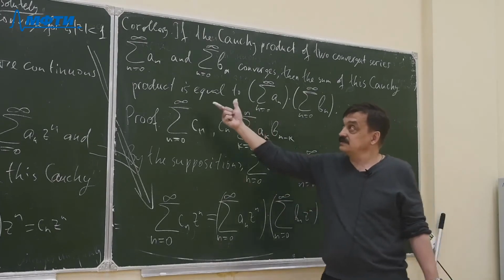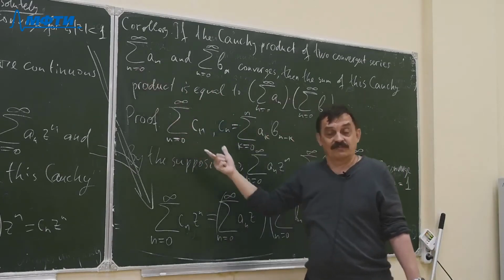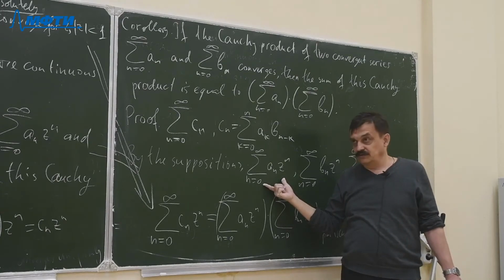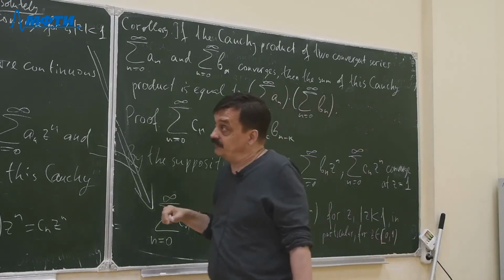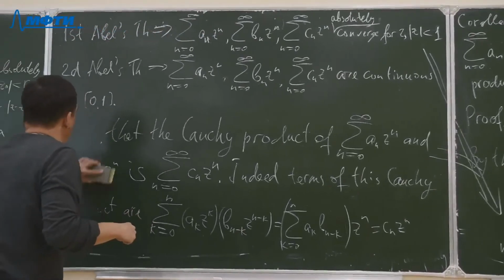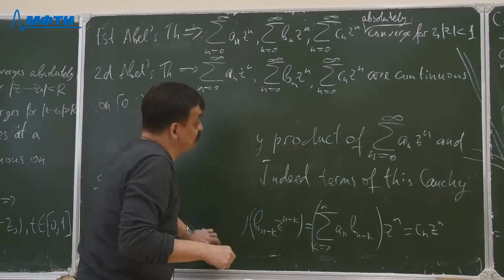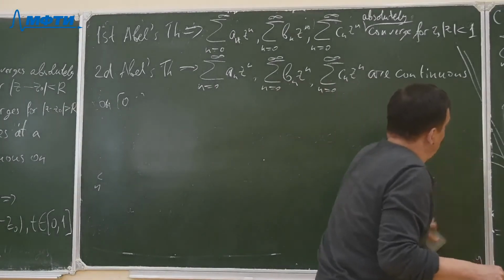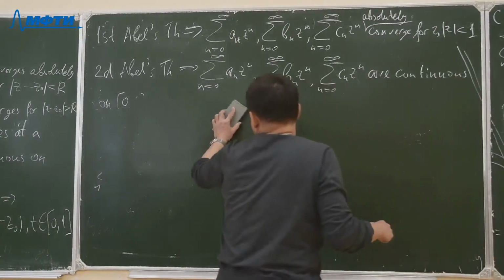Okay, this series diverges, but we have a sum, and then we take a limit. That is called Abel-Poisson summation.